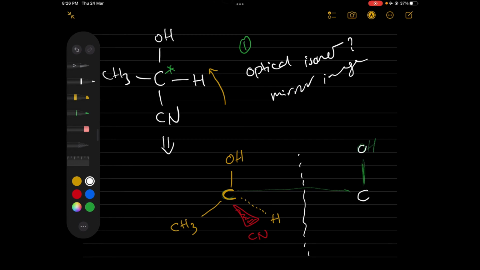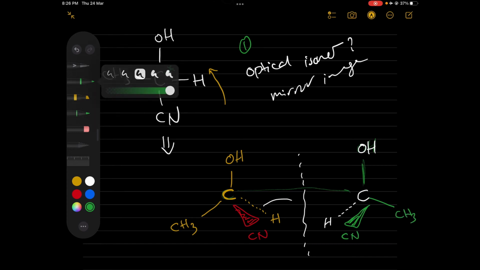And then we have this dashed line, and we put it like this, C, and we have hydrogen. And as we told you, the wedge is aligned to the dashed line in here, and it looks like this. And here we have CN, and then we have CH3, as we can see.